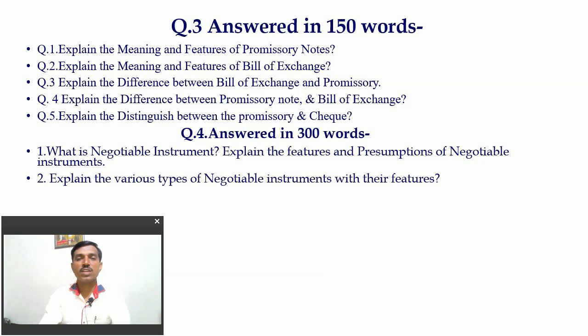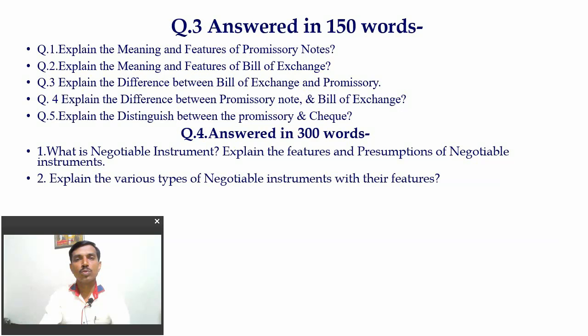The next is question number 4, for 300 or 500 words. It is an important long answer type question. What is a negotiable instrument? Explain the features and presumptions of negotiable instruments. Under section 13, give the definition, features and presumptions. Explain the various types of negotiable instrument with their features.